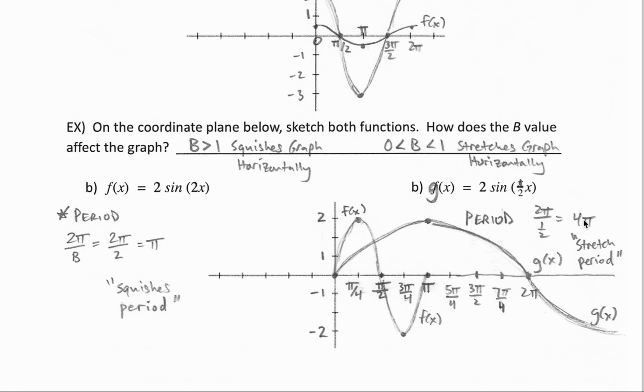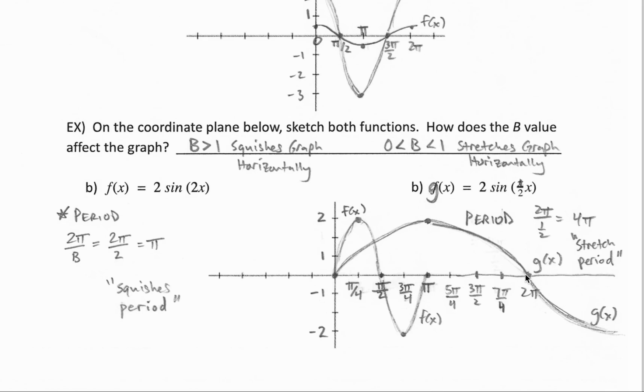So our period length is now 4 pi, which isn't even going to fit on my paper. So we're going to imagine it. Half of 4 pi is 2 pi. So I can get at least half of my S graph here, or sine graph. Again, we're going to start at 0. Our amplitude is the same, so we're going to climb up to our maximum at our next key point.